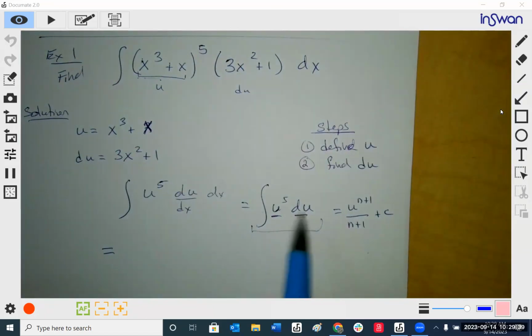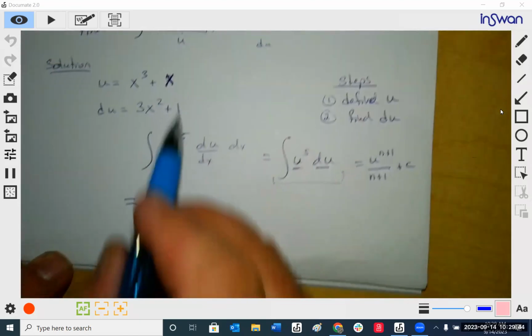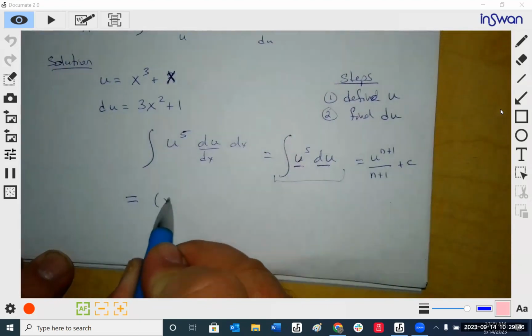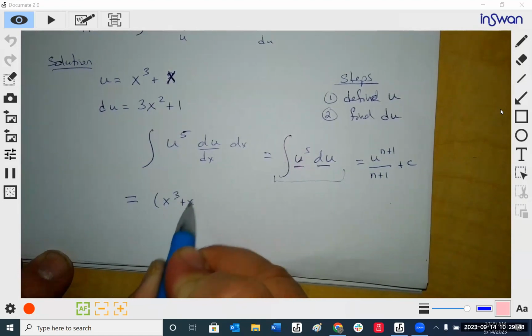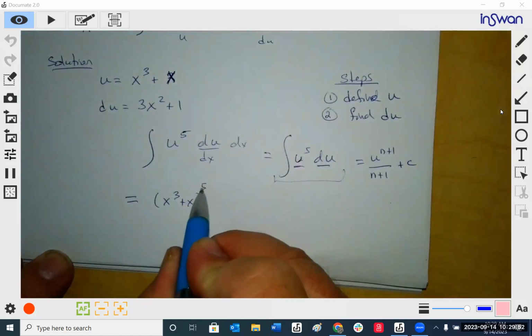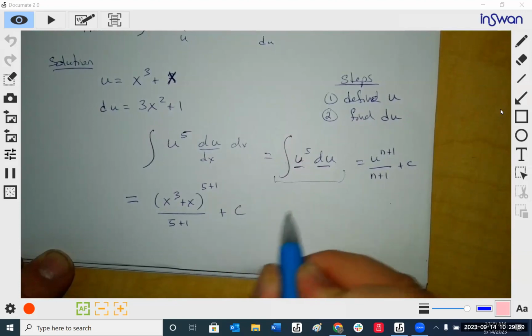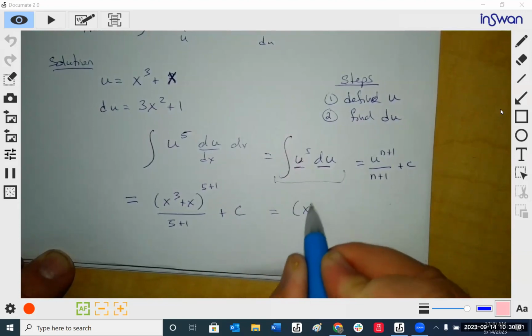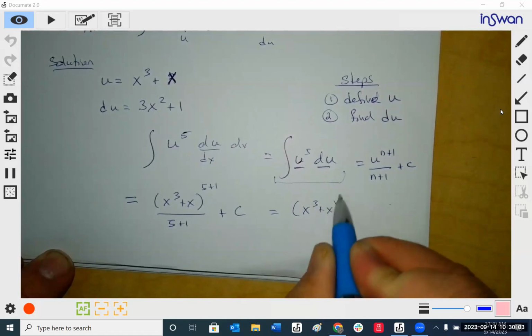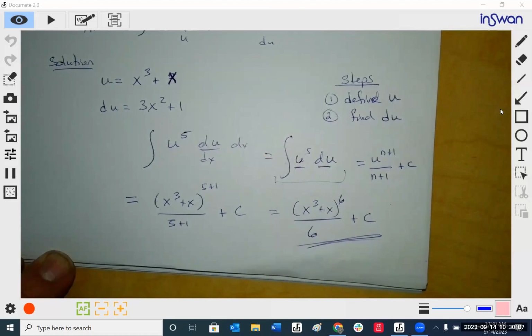Since it matches our condition, all we have to do here is take our function, u to the 5 plus 1 divided by 5 plus 1. And there's our answer.